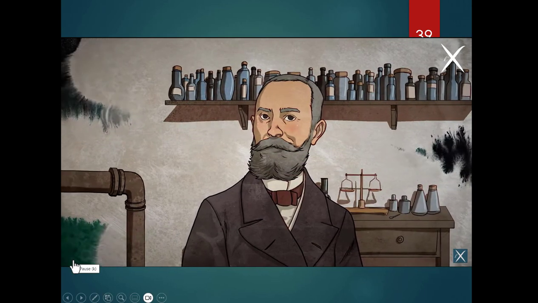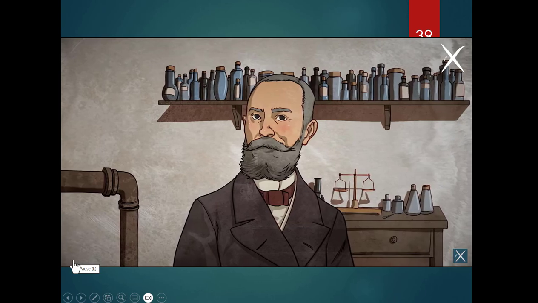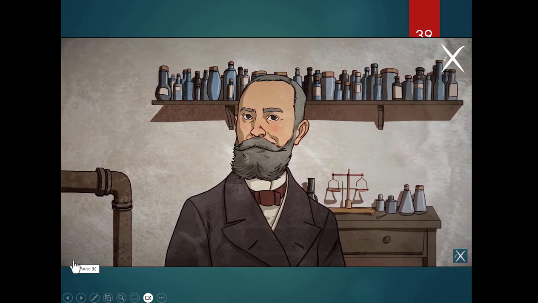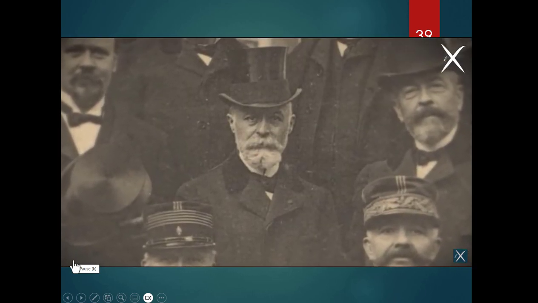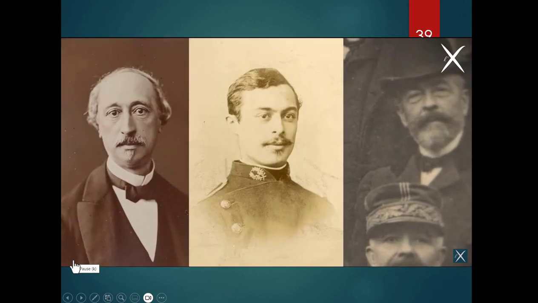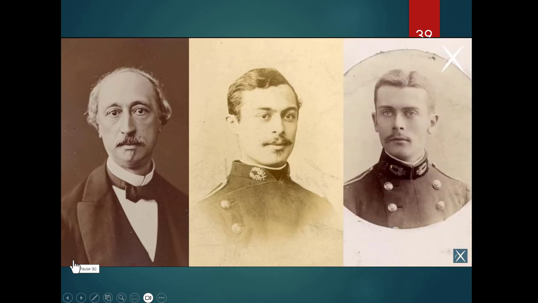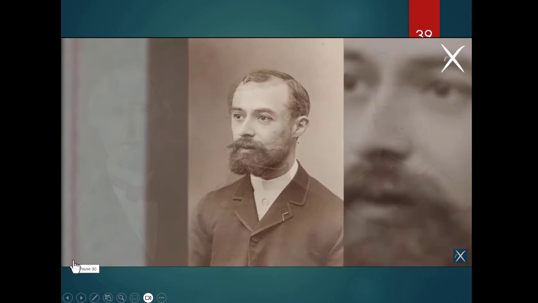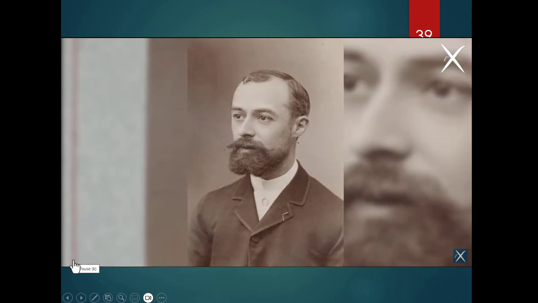Henri Becquerel is one of those scientists whose talent was rewarded by chance. He was a brilliant physicist from a family of scientists. His father went to Polytechnique, he went to Polytechnique, and his son went to Polytechnique. Like his father, Henri Becquerel was interested in fluorescence.